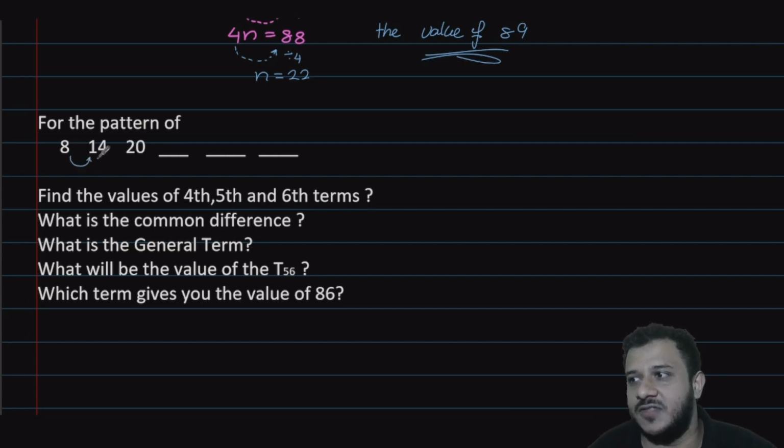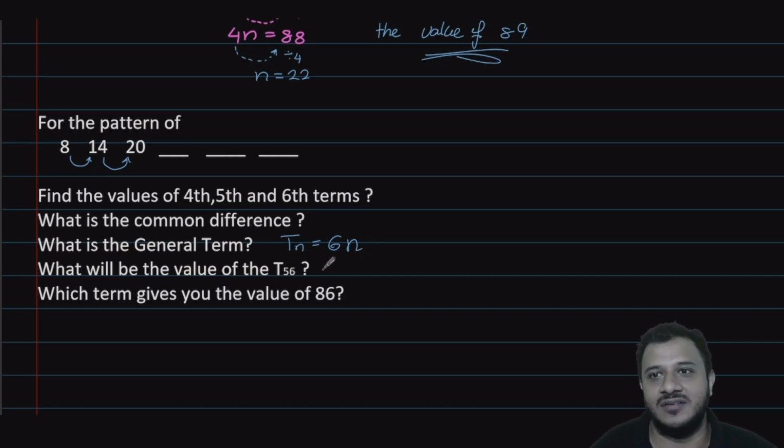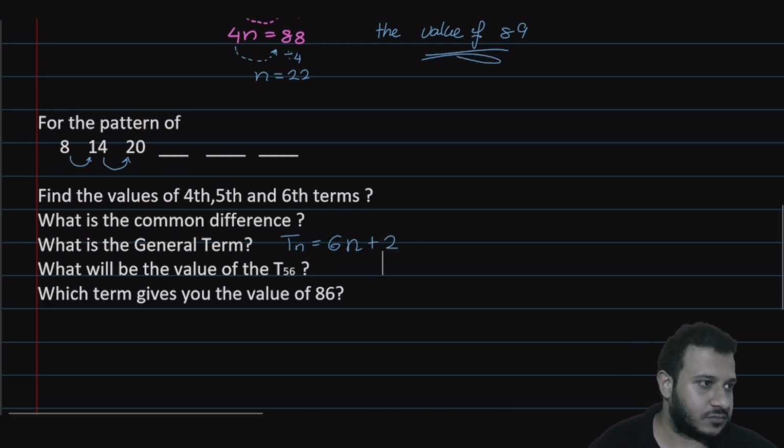If the pattern is going up by 6, the common difference is 6. The term will be 6n, 6 timetables. So if we write down 6 timetables, it will be 6n plus 2. Senura, your first answer is correct, second answer correct, third answer correct.